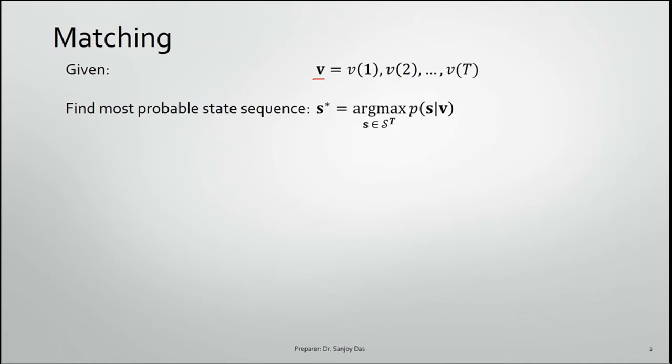So in other words, the entire output sequence from 1 to T is given, and the goal is to find out the most probable state sequence that the hidden Markov model would have gone through in order to generate V. Because there are so many ways V can be generated, which of the state sequences is most probable? And that we denote as S star.